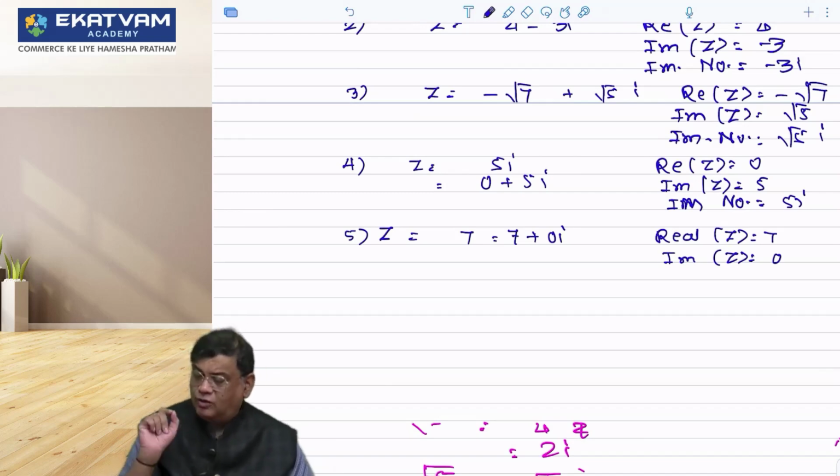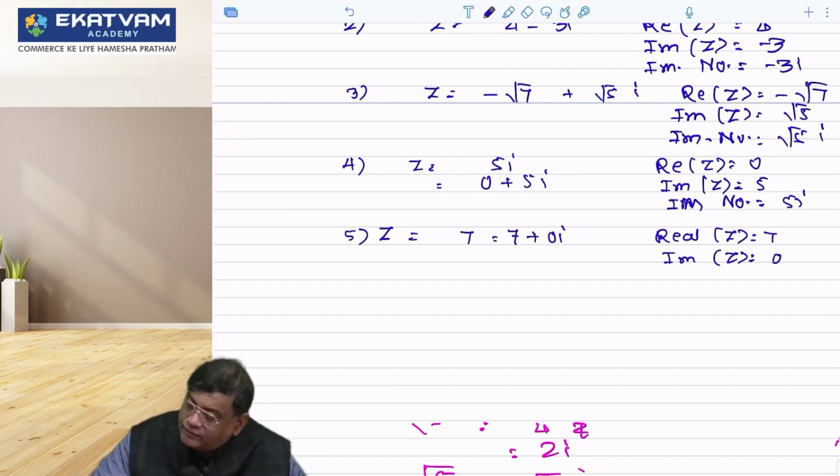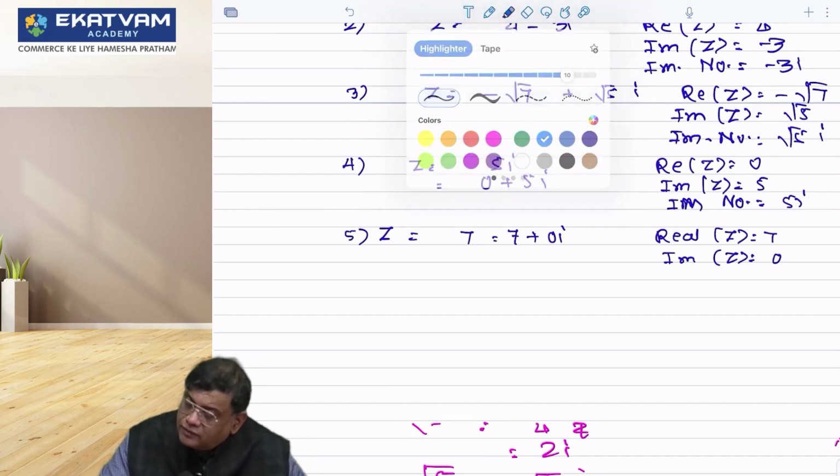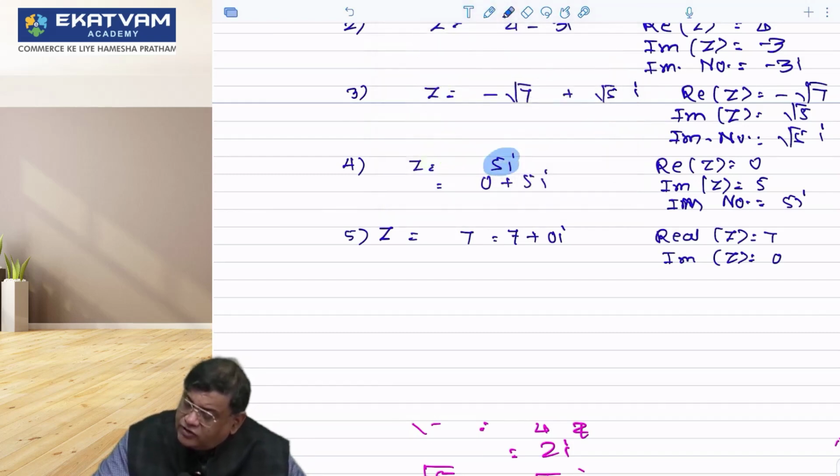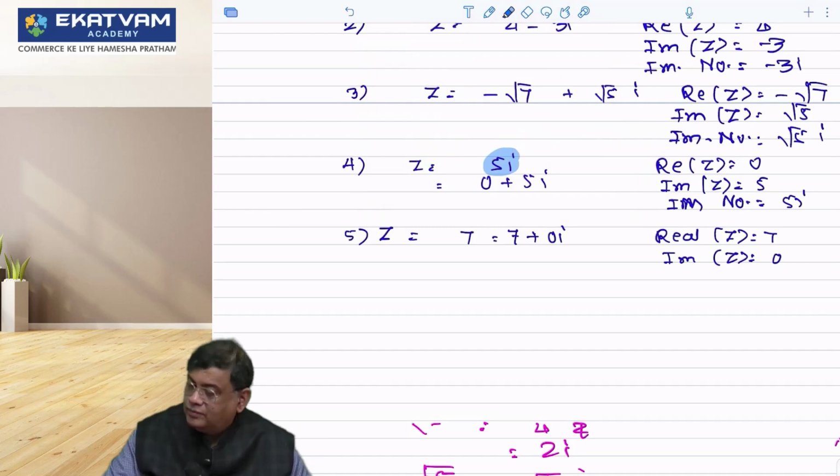There is an observation involved over here, an observation that develops from here. 5i, stay focused, 5i is an imaginary number, but that is also a complex number. And 7 is a real number, but that is also a complex number.